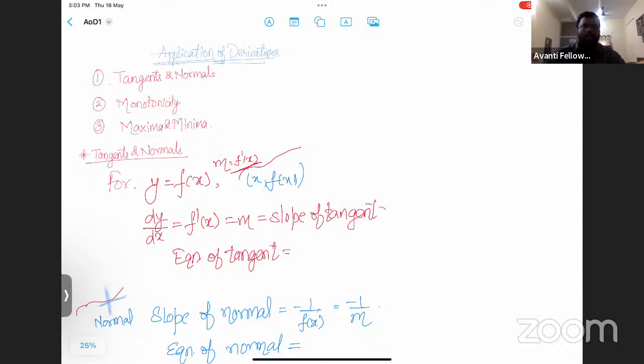I hope the screen is visible to everyone. Okay. So application of derivative.